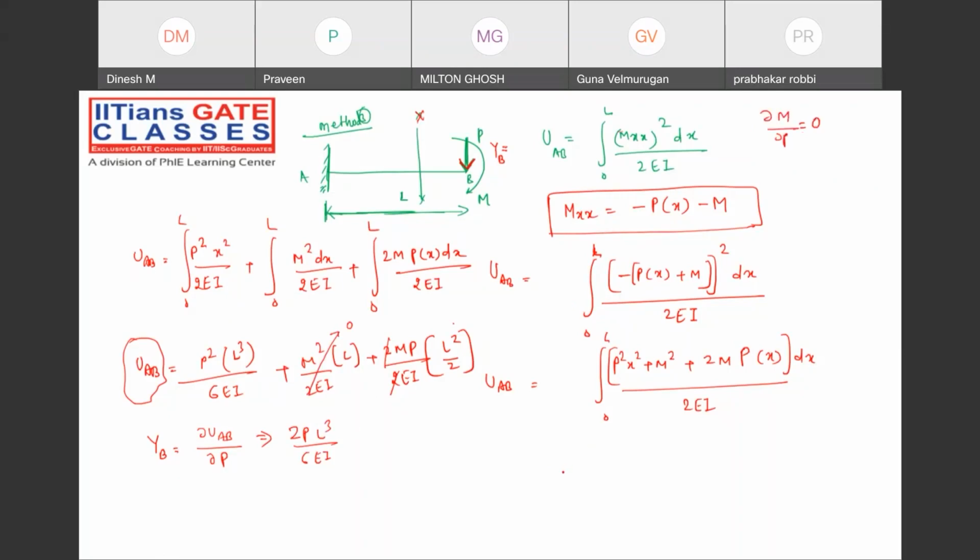M is not containing any term P, it is constant, so differentiating with respect to P will be 0. That term will be 0, plus differentiate with respect to P, you will be left with M L square divided by 2E. Check it out. All of you are getting the same formula or not?